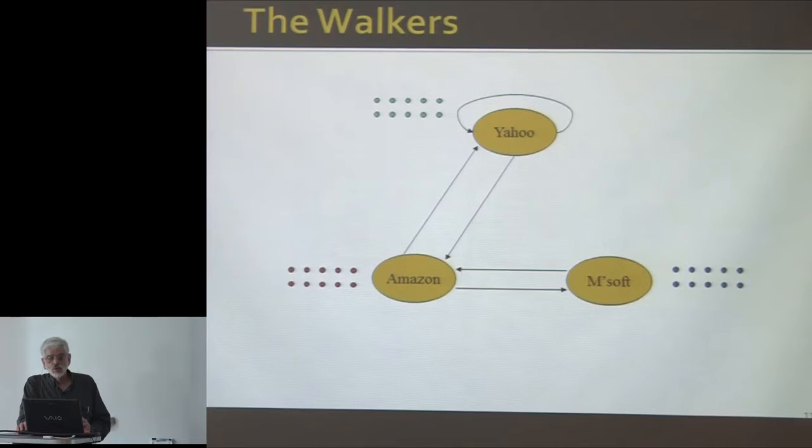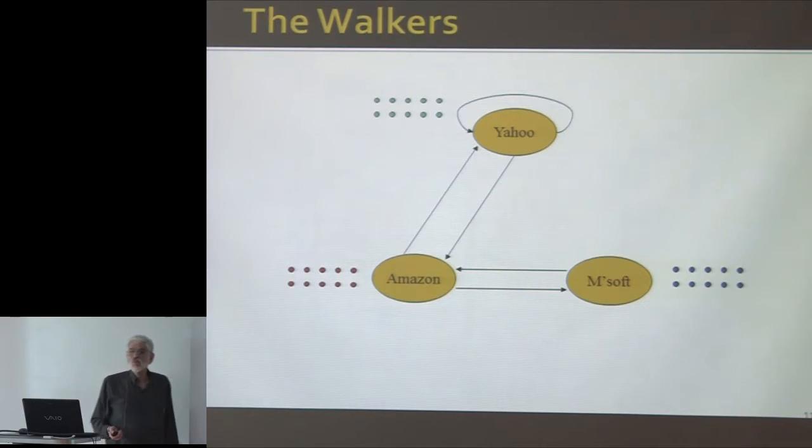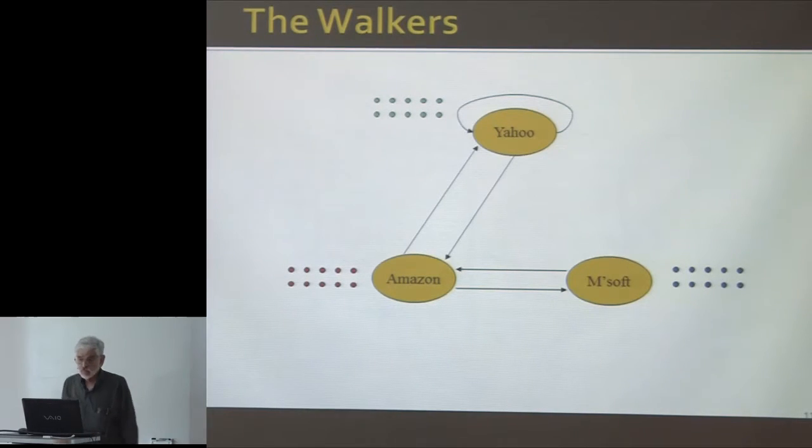Now, I want to show it to you again very quickly as walkers. Here I'm showing you, let's say, 10 walkers starting out at each of the nodes, and I've colored them differently. I'll preserve the colors so we can see where things go.